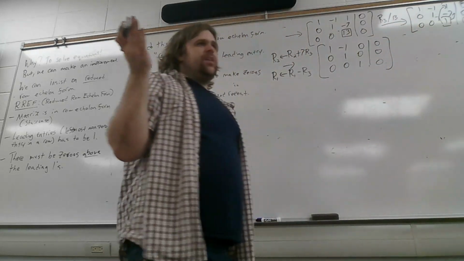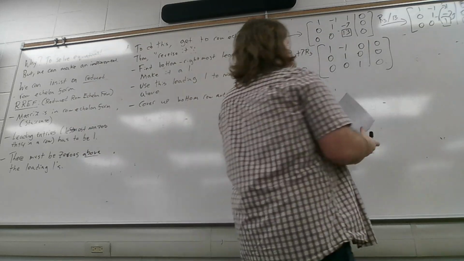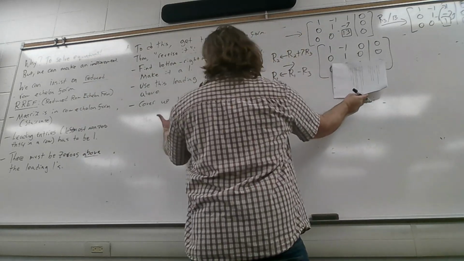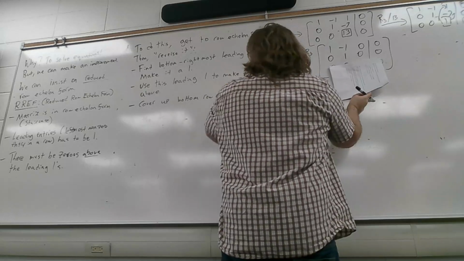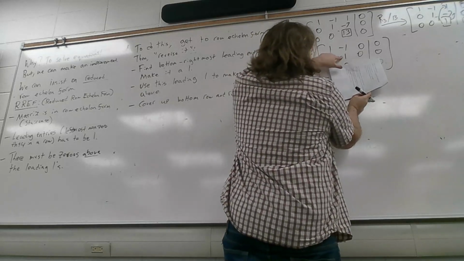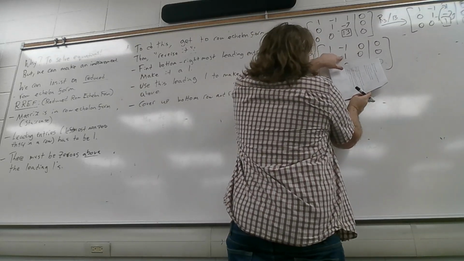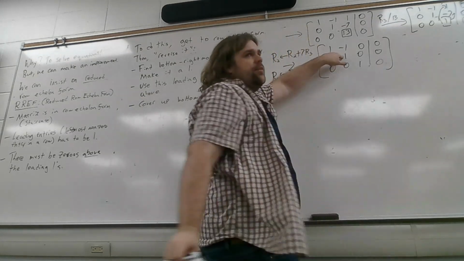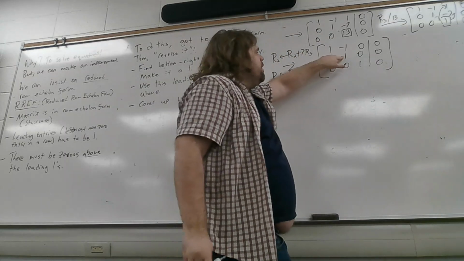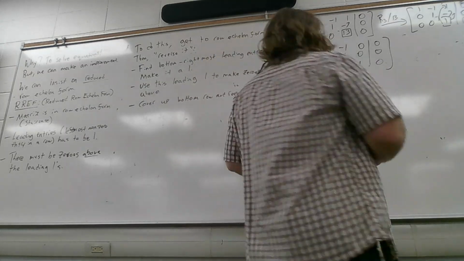All right. And now we cover up this bottom row, the one we just dealt with, and repeat. So find the bottom rightmost entry that we could deal with, or non-zero entry, I should say. And then make it a 1. Well, it's already a 1, so cool. And then use it to create zeros above.